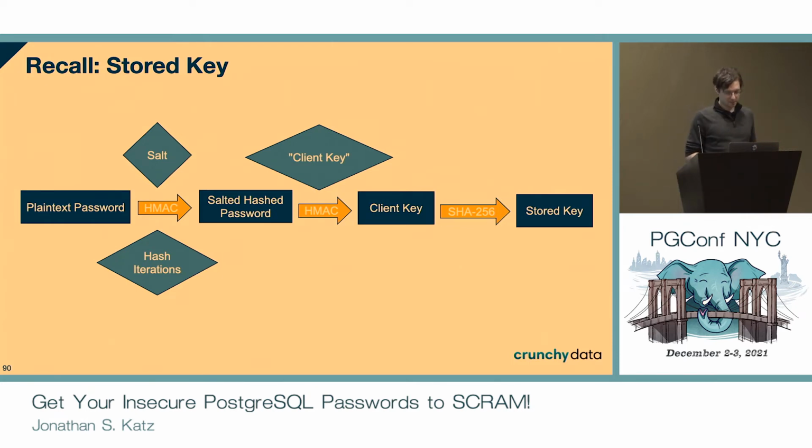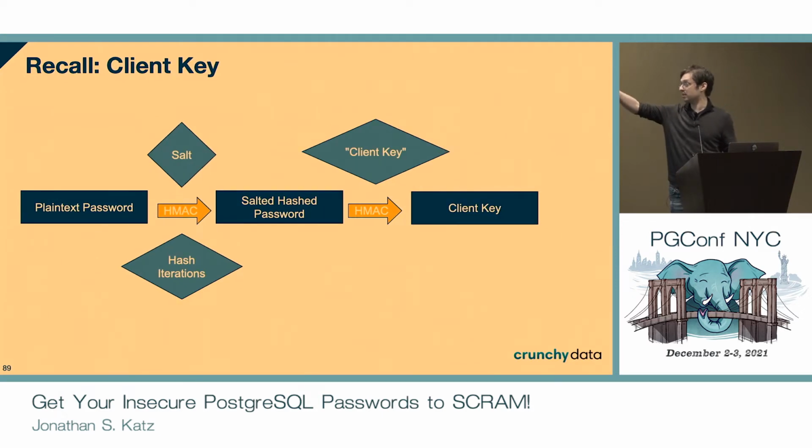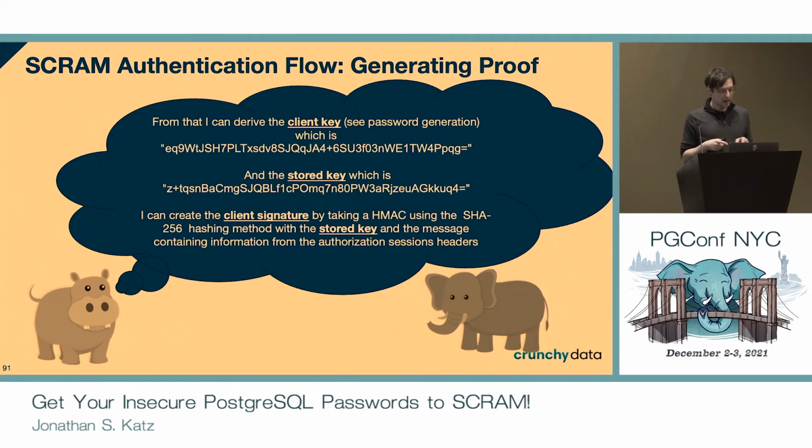We're going to be sneaky. We're going to do something very tricky here. First thing is we know we can derive the client key, because the client key is just following that method. As long as I have that salted hash password, I can get the client key, I can get the server key, I can get the stored key. So we get the client key, and from the client key it's one step more to the stored key.